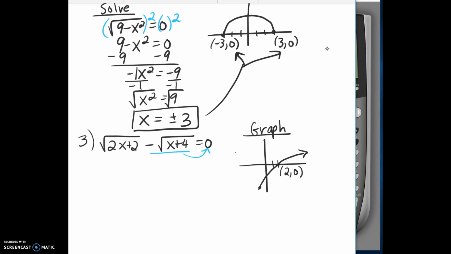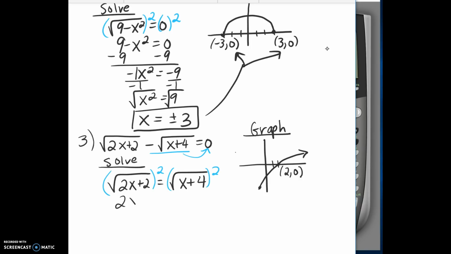And then now for solving, I'm going to add the square root of x plus 4 to the other side so that we get square root of 2x plus 2 is equal to the square root of x plus 4. And when you have two square roots that are equal to each other, right away you can go into squaring both sides. So we get 2x plus 2 equals x plus 4.